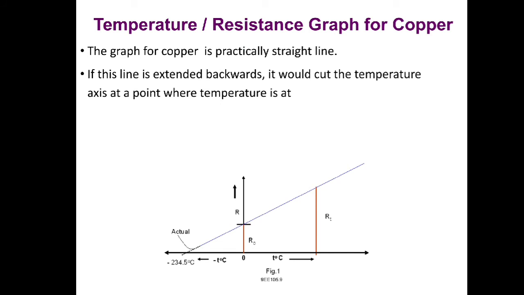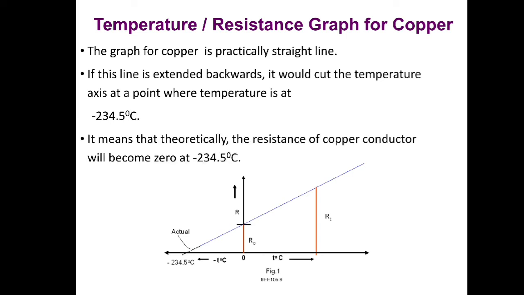So the graph for copper is practically a straight line. The line is cutting the temperature axis at minus 234.5 degrees centigrade. It means that the resistance of the copper conductor will become 0 at minus 234.5 degrees centigrade.